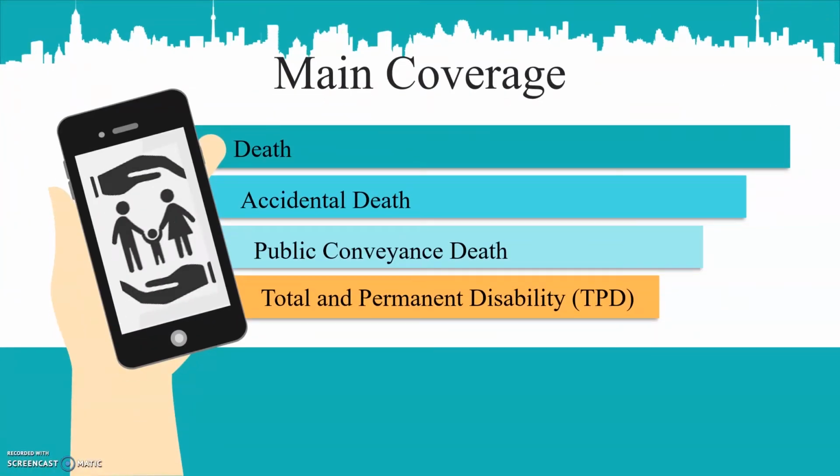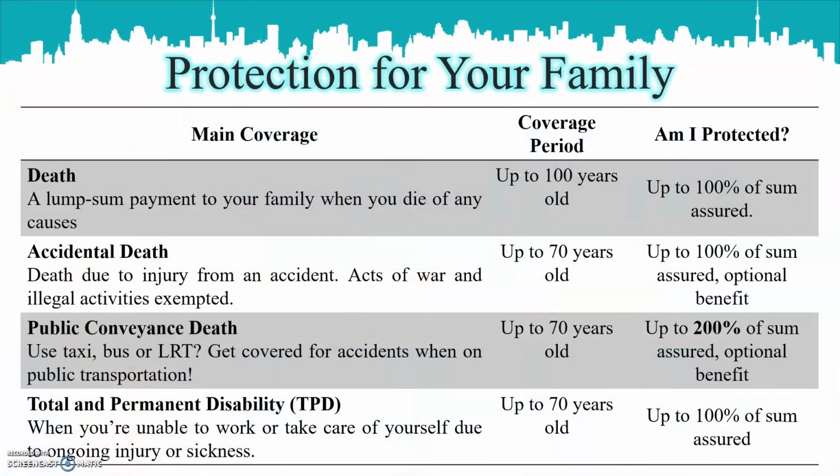There are 4 main coverages in this insurance policy, which are death, accidental death, public conveyance death, and total and permanent disability, which is also known as TPD. Let's look at this table describing the coverage period and amount to be covered for the insured. First, for death, the coverage period is up to 100 years old, while accidental death, public conveyance death, and TPD can only provide up to 70 years old.